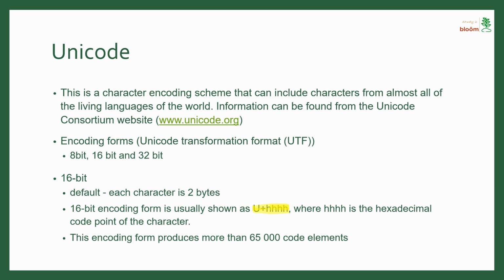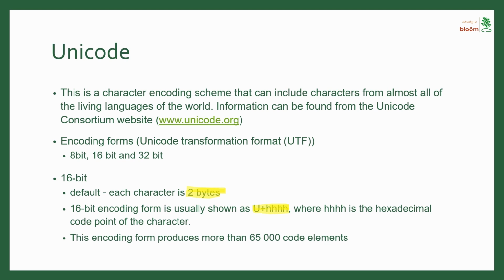In 16-bit format, more than 65,000 code points are available, and therefore more than 65,000 characters can be represented. The characters allowed by this 2-byte region is called the Basic Multilingual Plane, or BMP.